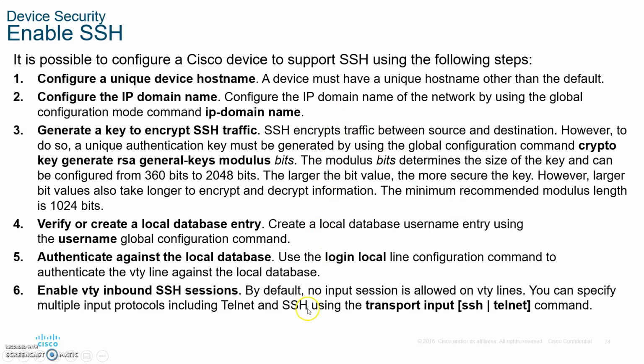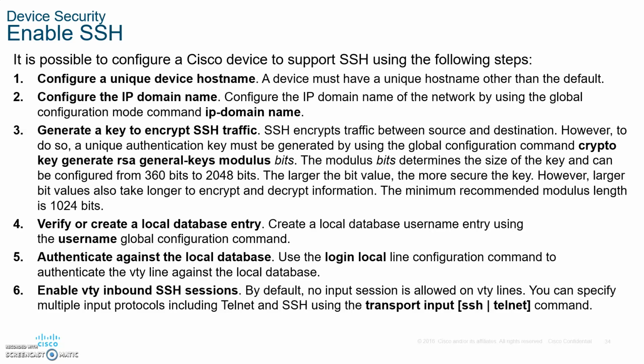I'm going to give you the commands to do all of these. I want you to write these down, because we're going to end up doing this in a class activity. First, configure a unique host name. The command is hostname followed by a name. I'm going to give you an example: hostname R1. Second, configure an IP domain. The command for that is ip domain-name cisco.com. Number 3, generate a key.